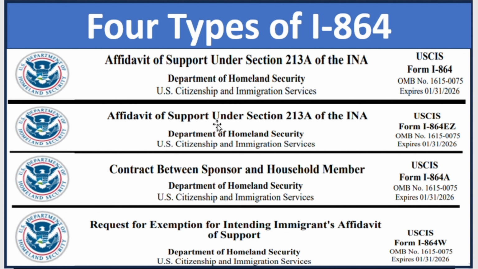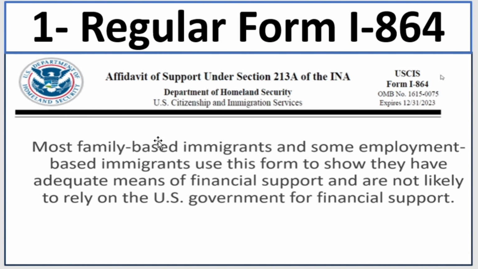So we're going to go one by one, and we are going to explain them and then give you my experience on this form. Let's start with the regular form of I-864.